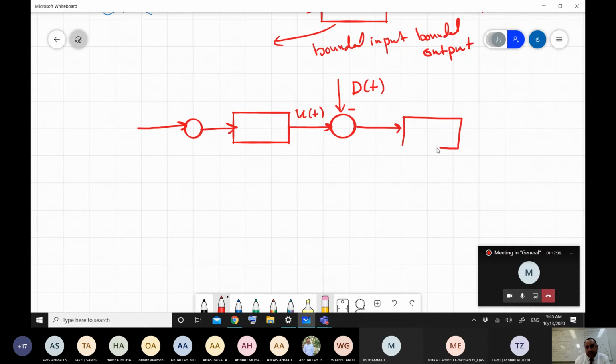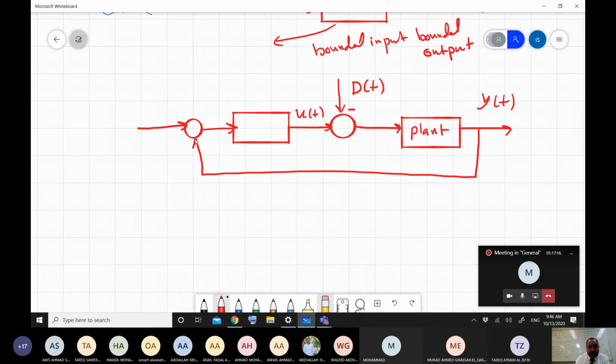And here is my plant, and this is y of t. And here I'm assuming this is what we call unity feedback, in case the gain of the feedback is equal to 1. And now this will be y desired of t, and this will be the controller here.